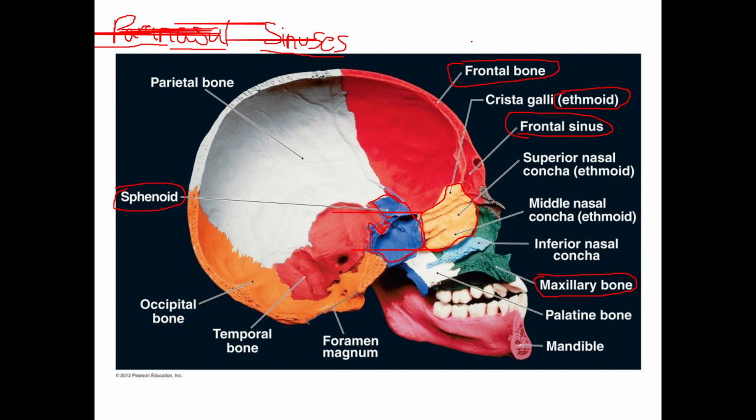Generally, when we think of mucus, it's something that's going to stop and protect us from pathogens like bacteria and viruses and all that kind of fun stuff. Our mucosal cells produce this mucus that will stop these pathogens. So that's another reason why we have these hollowed out portions. If you've ever heard of a sinus infection, it's a pretty common term. A sinus infection refers to any of these four bones pretty much getting infected.